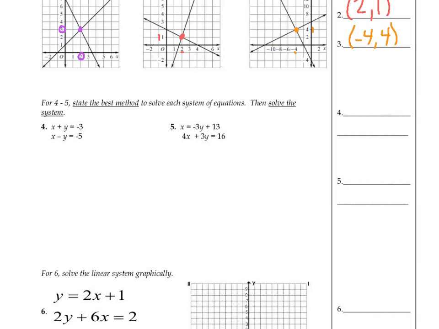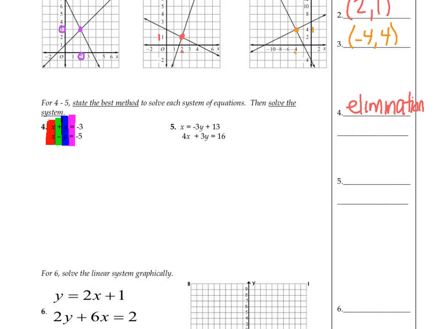So because these equations are set up in a way that the x's line up, the symbols line up, so the plus and the minus, the y's line up, the equal signs line up, and the number after the equal sign lines up, we can tell that we are going to have to use elimination to solve it. So we can write the word elimination in that blank to the right.